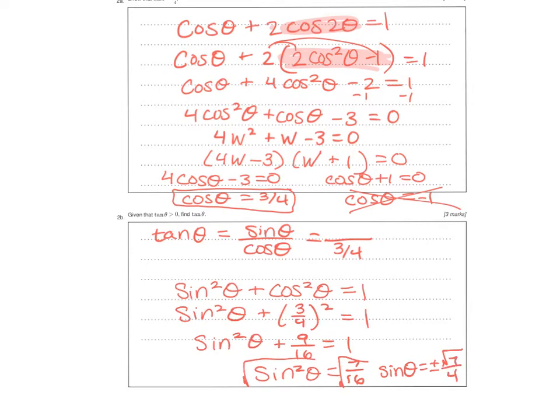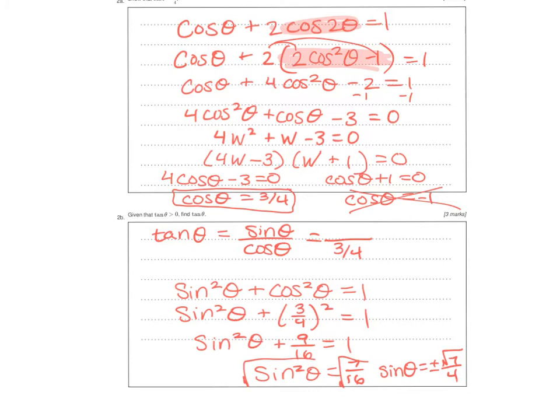Now, the key to figuring out whether sine is positive or negative is looking right here at the fact that tangent of theta is greater than 0. So if tangent of theta is greater than 0, that means sine would have to be positive here so that tangent is positive.